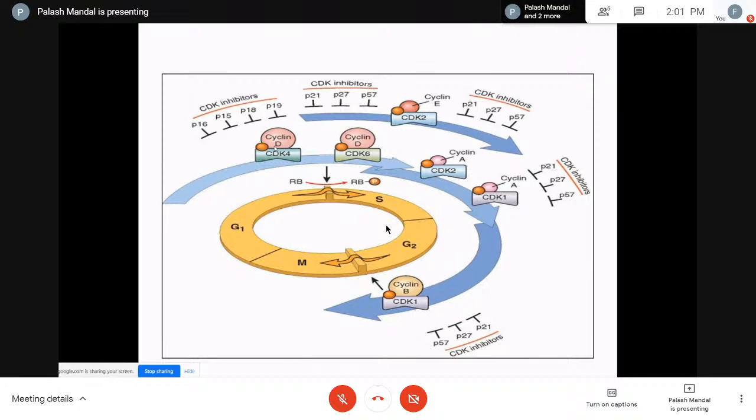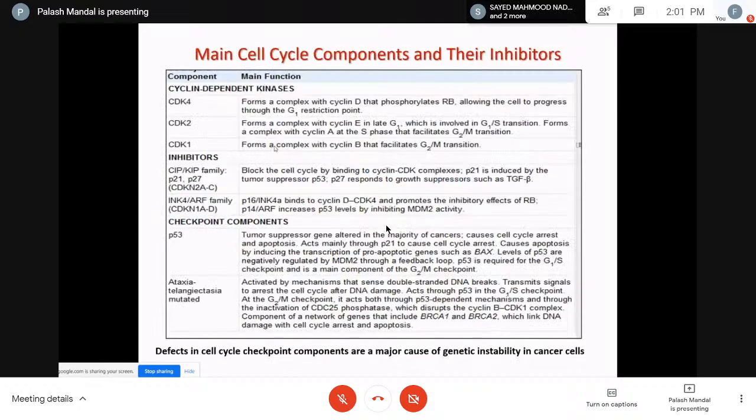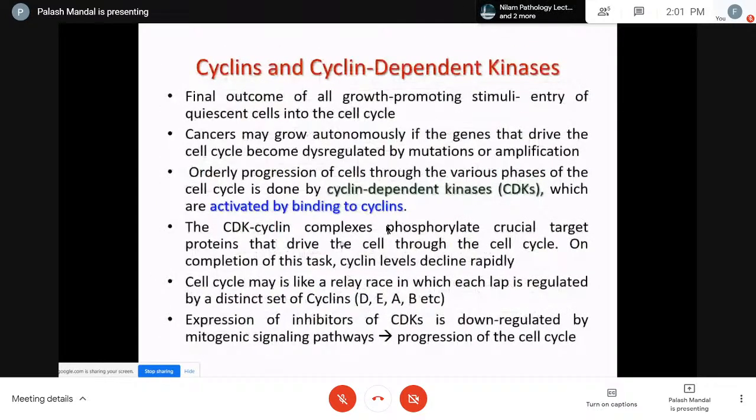But if there is a mutation, the CDKIs, the inhibitors, are downregulated and there is continuous progression of the cell cycle. So this is very obvious. If you think logically, whenever there is a tumor, the inhibitors will be suppressed and the promoters, that is the cyclins, will be activated.